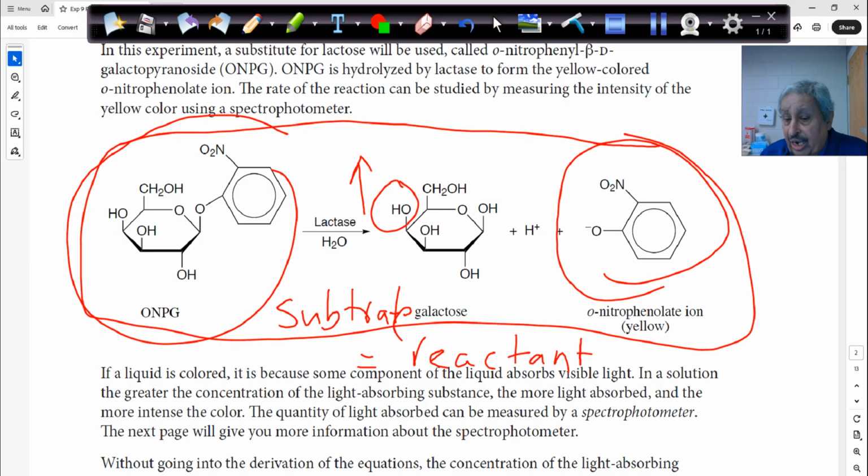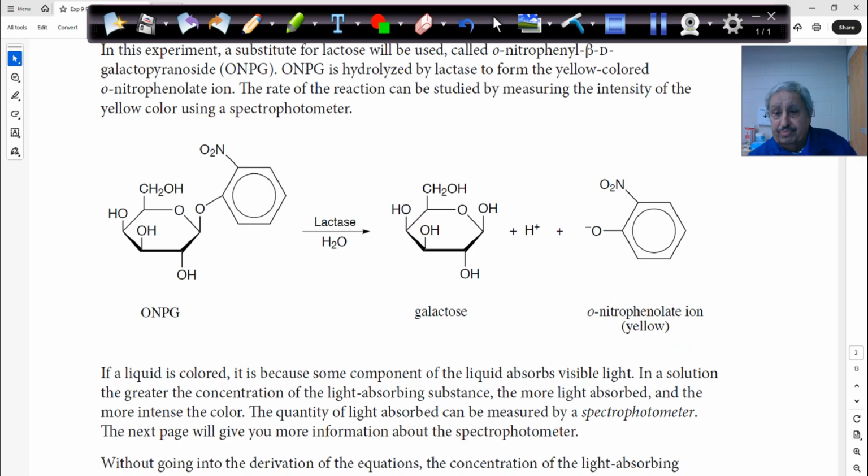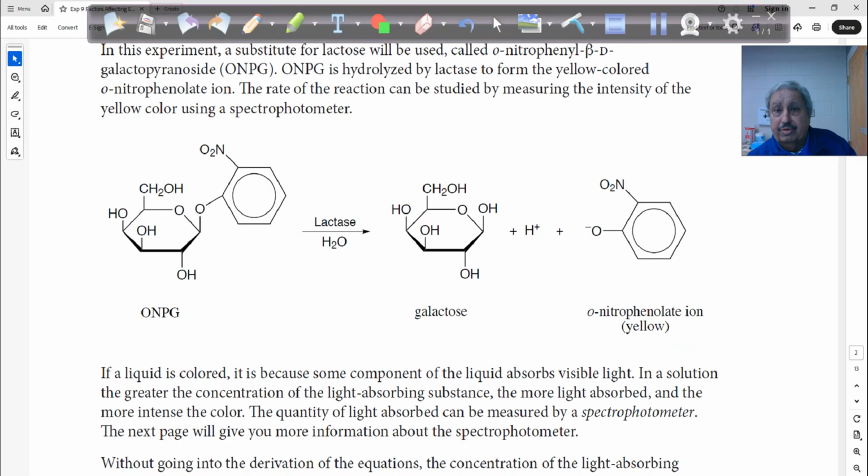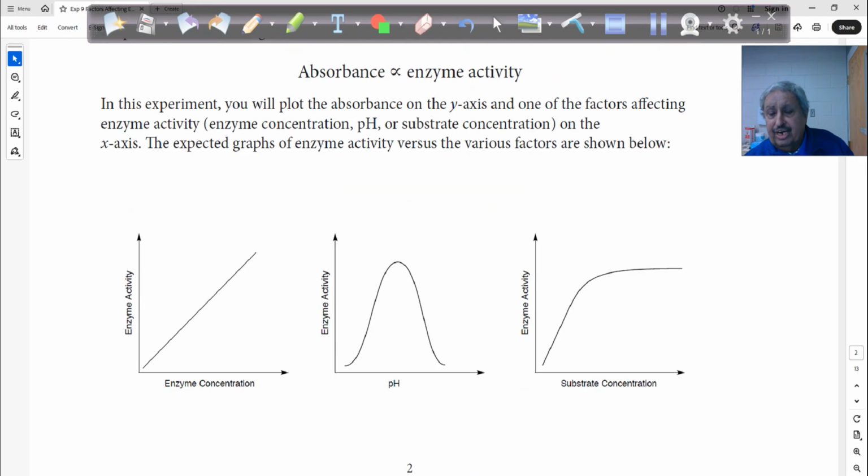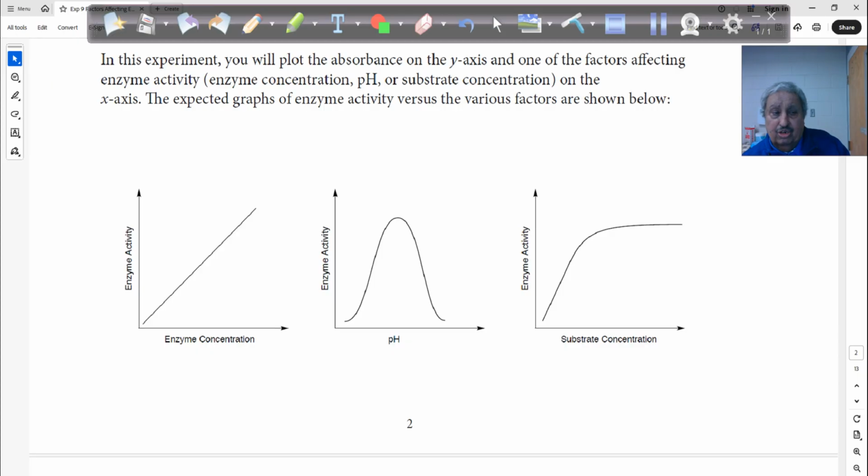Okay, guys, that's the whole idea. So we will not do the four, we'll do three dependences of enzyme activity on those three factors. Those are here the three ones.